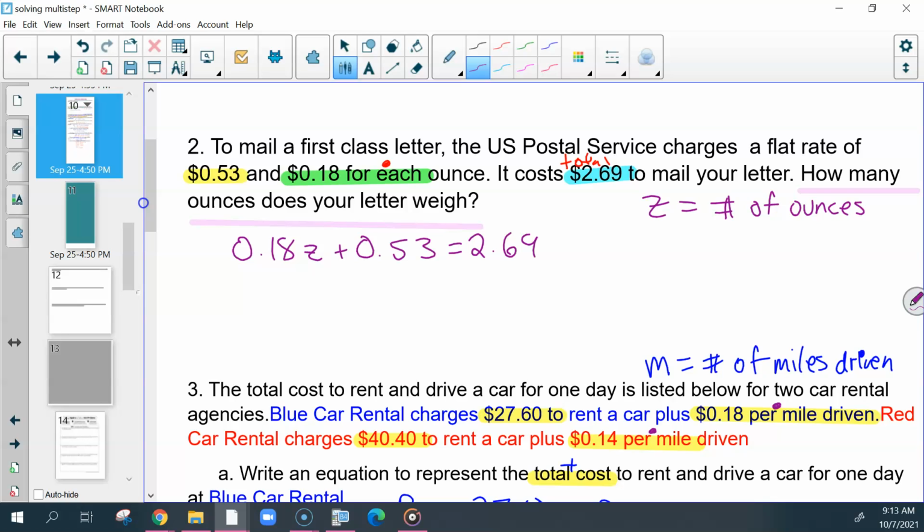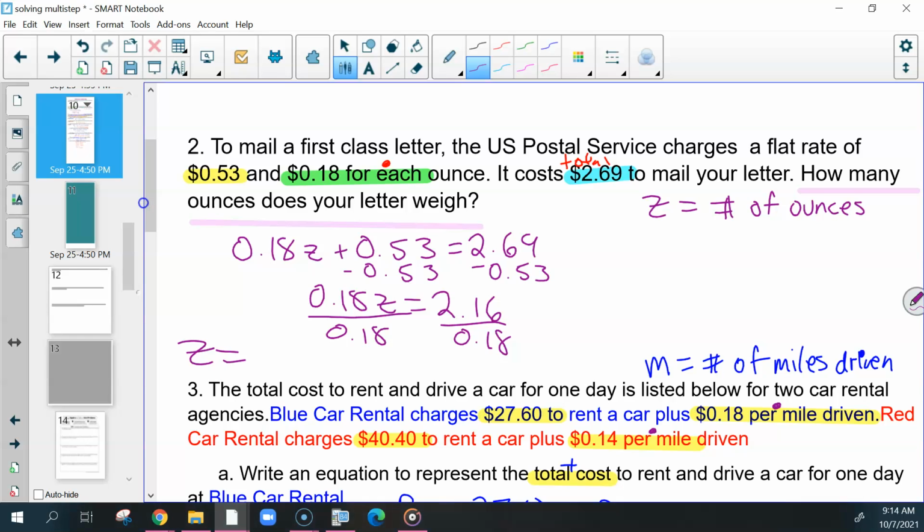So we're going to subtract that 0.53. We have 0.18z equals 2.16. And divide both sides by 0.18. Donovan, say that again. 12 ounces.